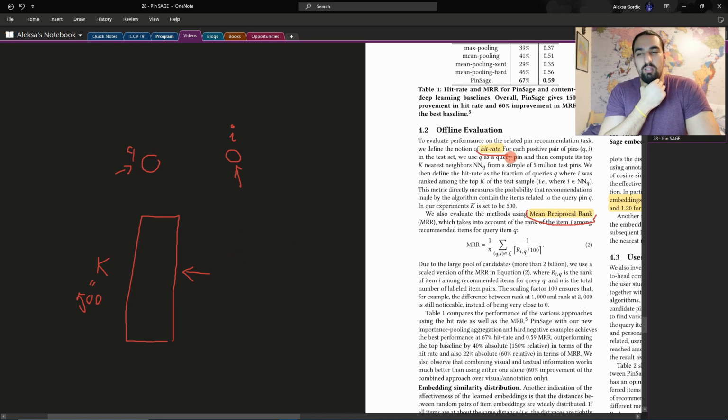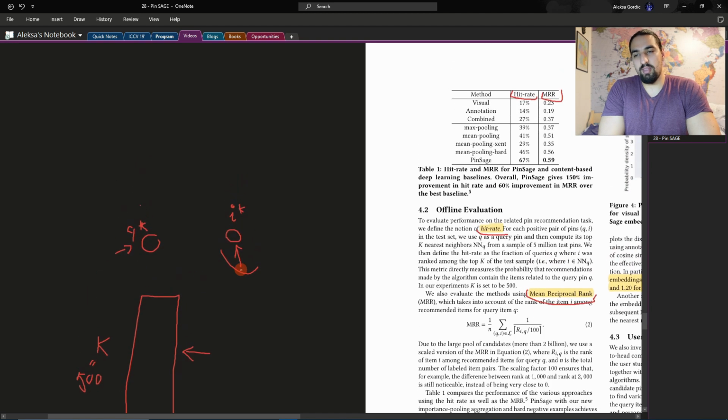Basically hit rate tells you, going through the test set, so going through various queries and various i's, the percentage of time that the ground truth pin appeared in your recommendations.